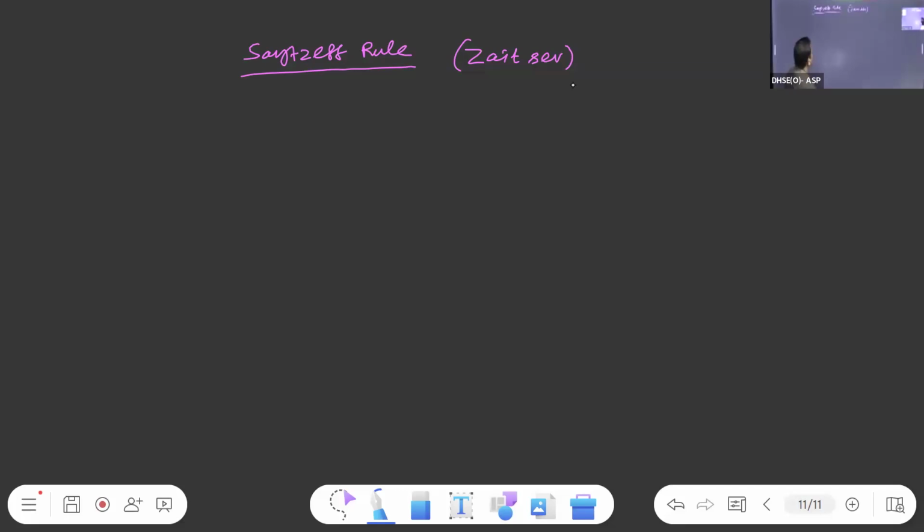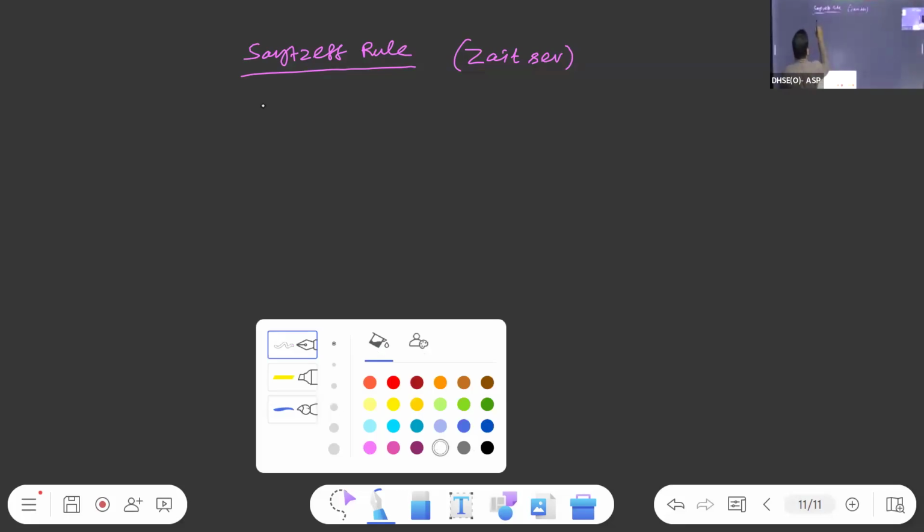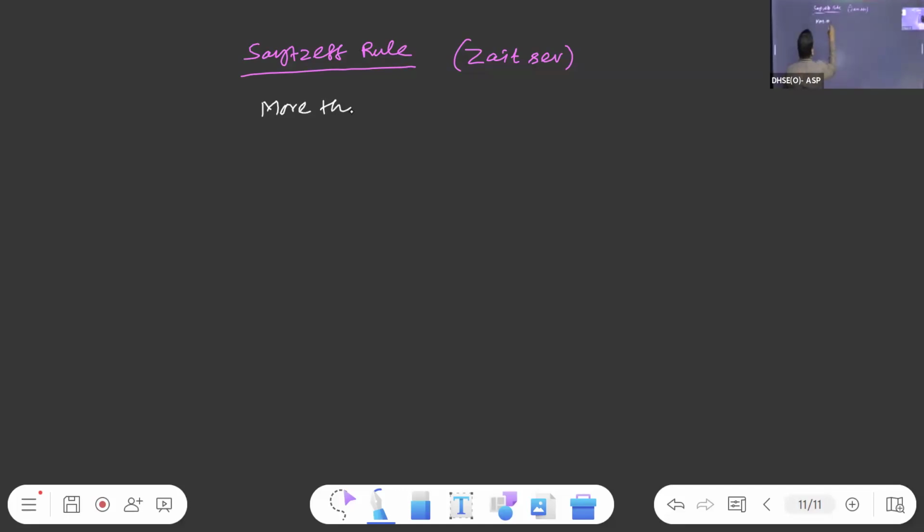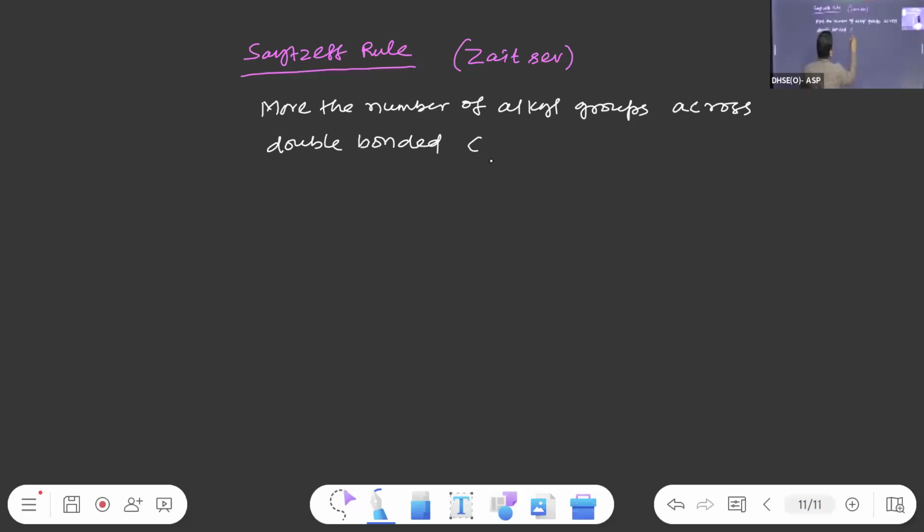So what is Saytzeff rule? The more the number of alkyl groups across the double bonded carbon, the more is the stability.